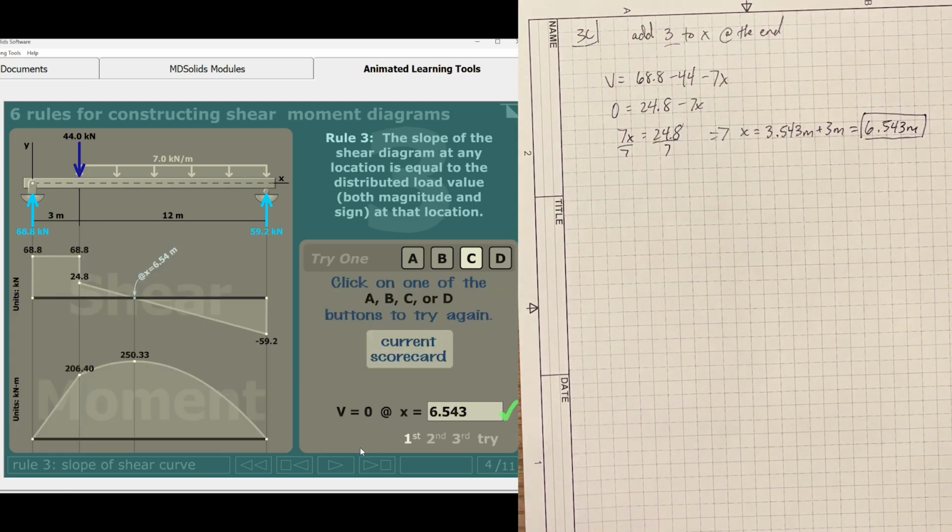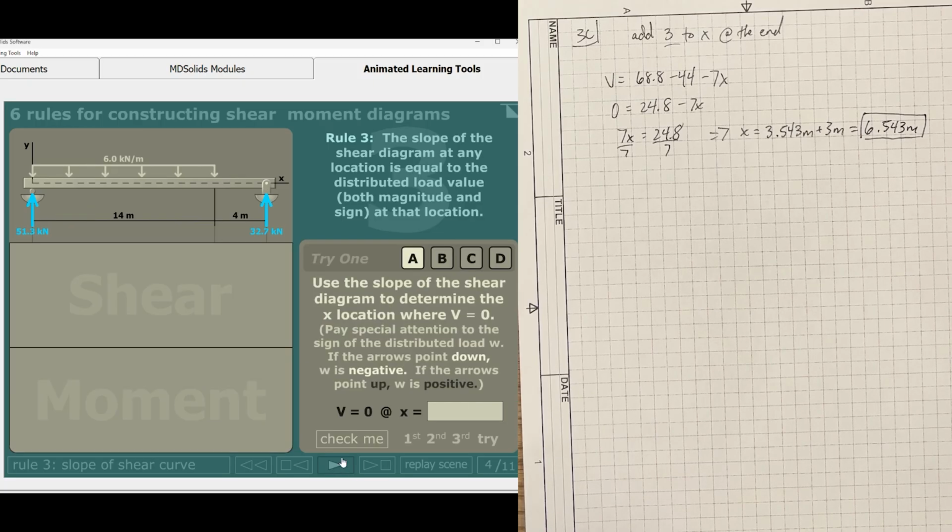So we can punch this in, 6.543. There you go, and this is what that diagram looks like. Remember, there's no horizontal line here for our load diagram because we start with the concentrated forces. Once we get to the point of the uniformly distributed load, though, it does become a line there.